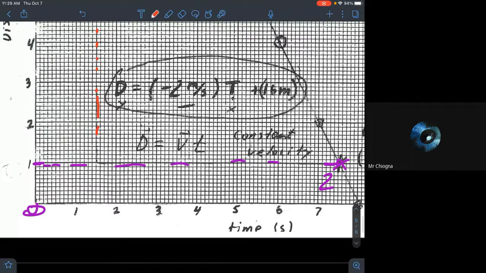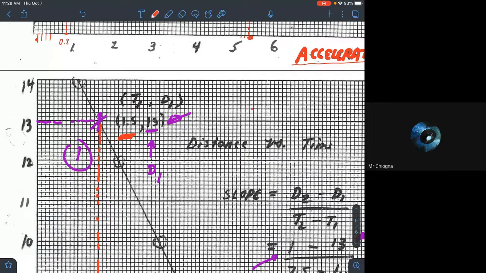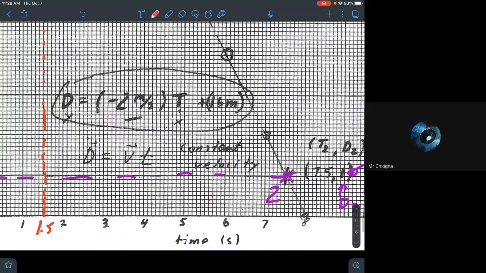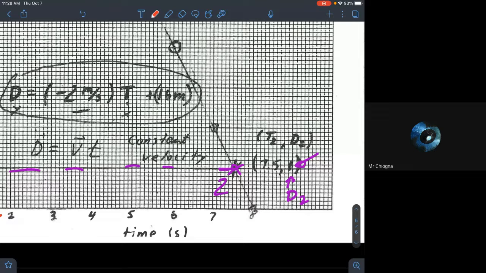It crosses it at 1.5. That's how I got that. Okay, that's my T1. That's my T2. T2 is where this crosses when I draw a vertical line to the horizontal axis, which is 7.5.